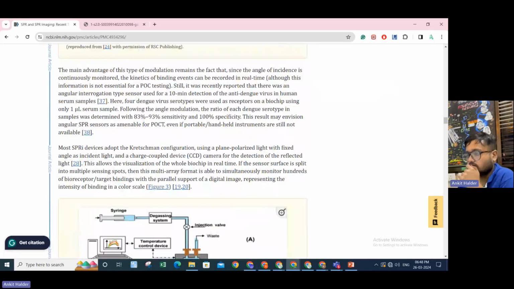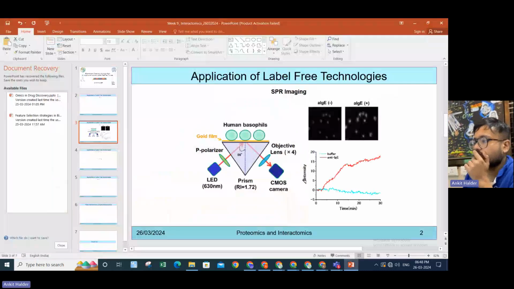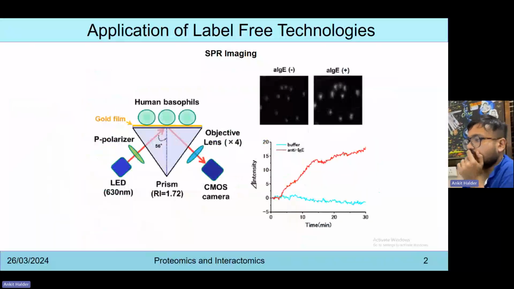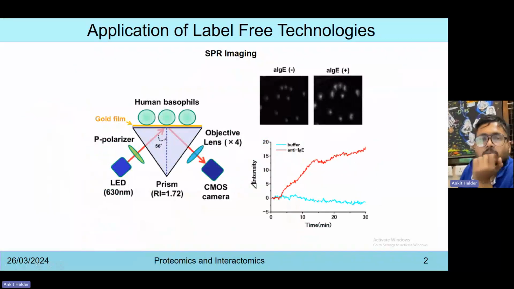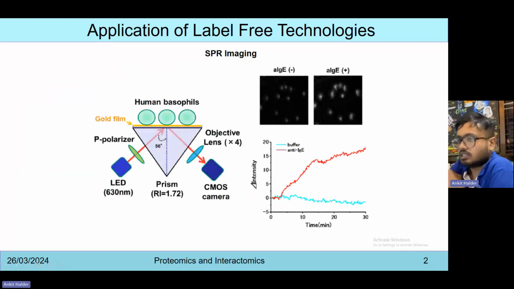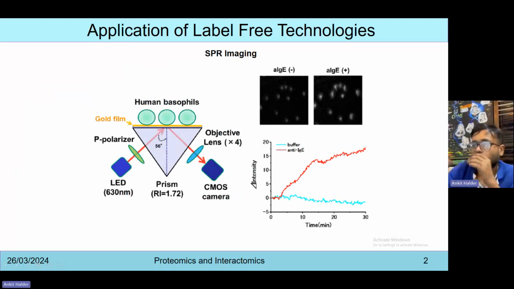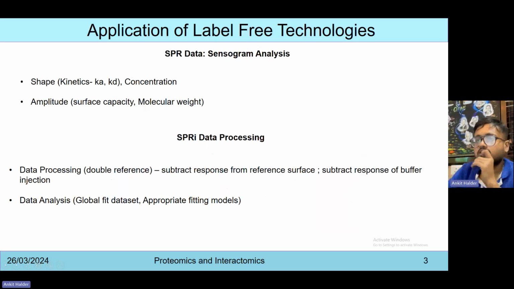So this is more or less about SPR and the SPR imaging systems. With some things you have to understand the instrumentation part. If you are interested, you can go through it, but mostly the principle is the same.